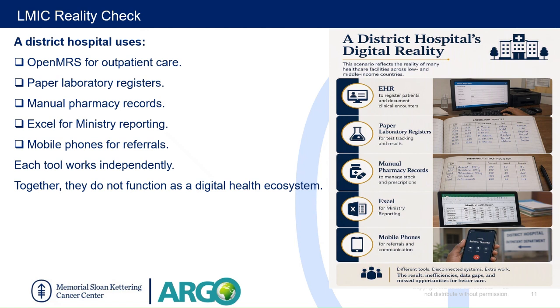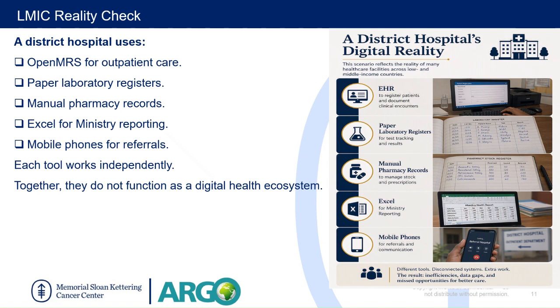Now, at first glance, the hospital in this example appears to have embraced digital health, right? Just because it uses OpenMRS and computers are available in some departments. And electronic reports are submitted to the Ministry of Health, even though in Excel, but they're electronic anyway.